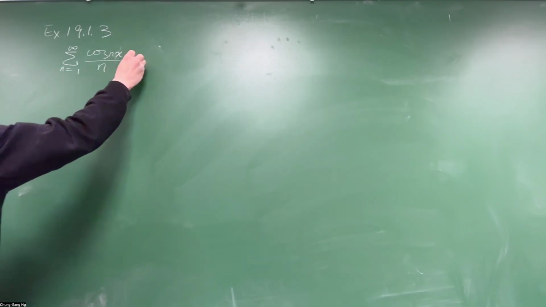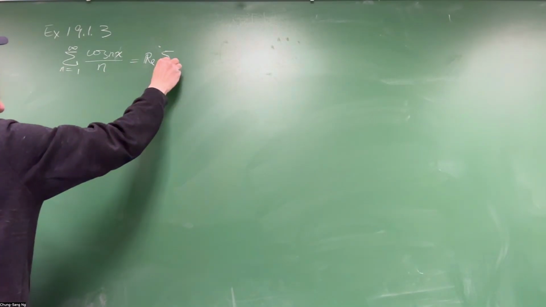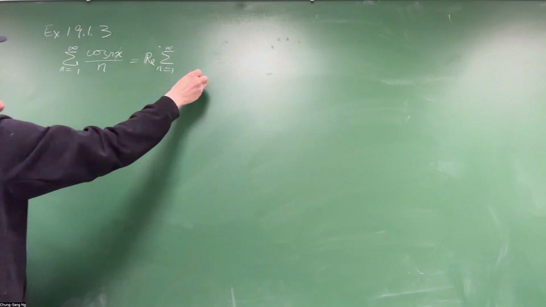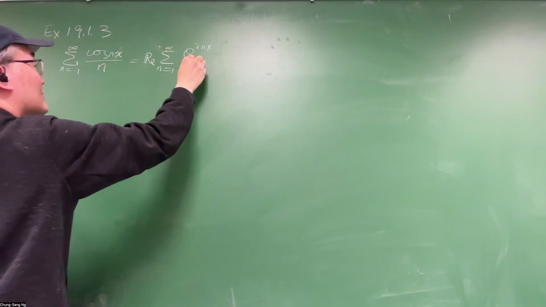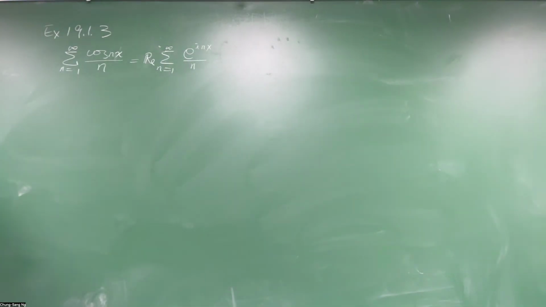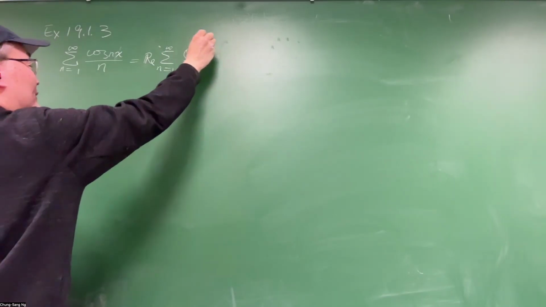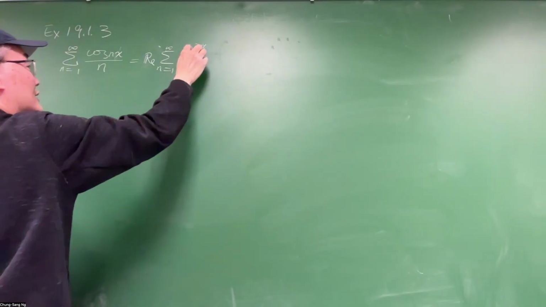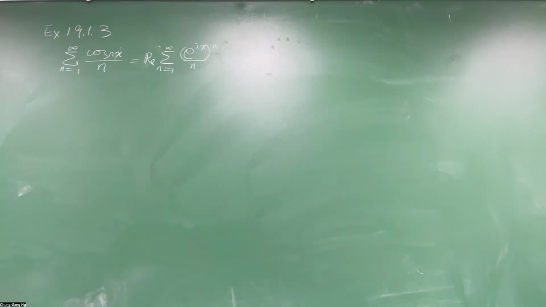So you can write it as the real part of e to the i n x over n, and then interchange the order and make it e to the i x to the n power.